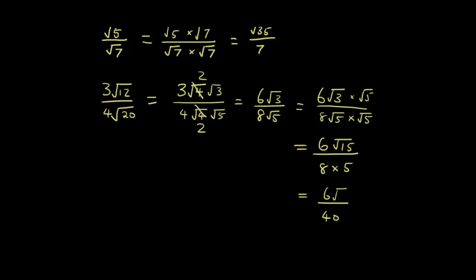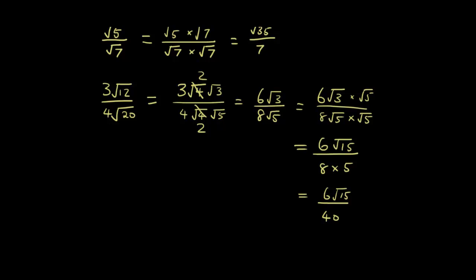That fraction will give you the exact same answer as the original fraction if you type it in the calculator, but we prefer to rationalize the denominator because that is the convention in maths.